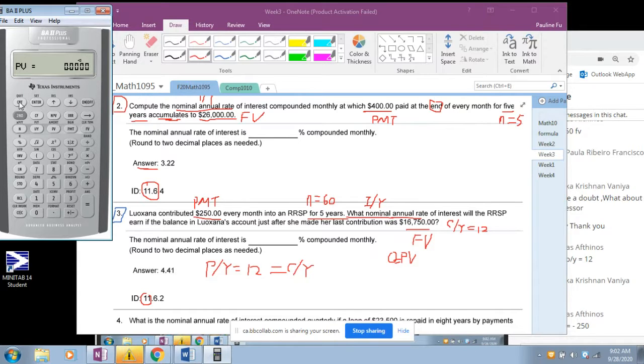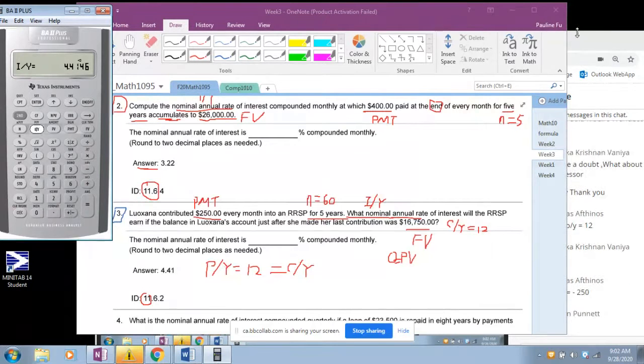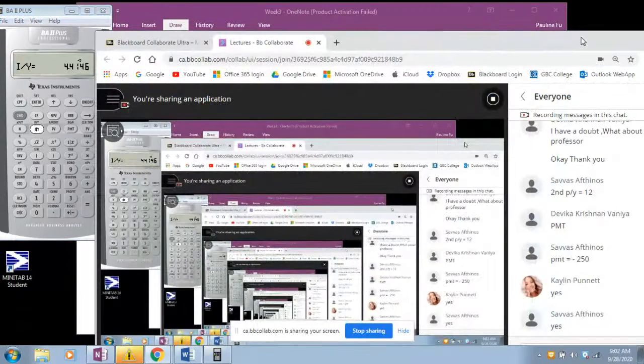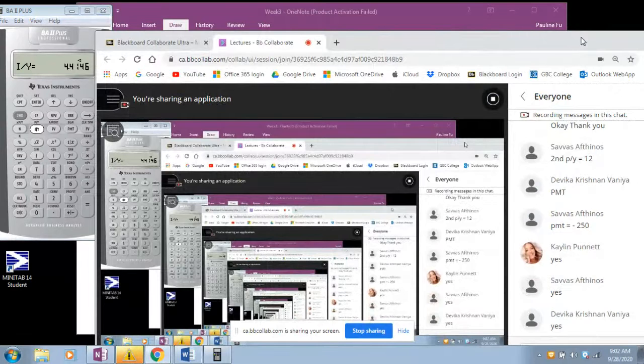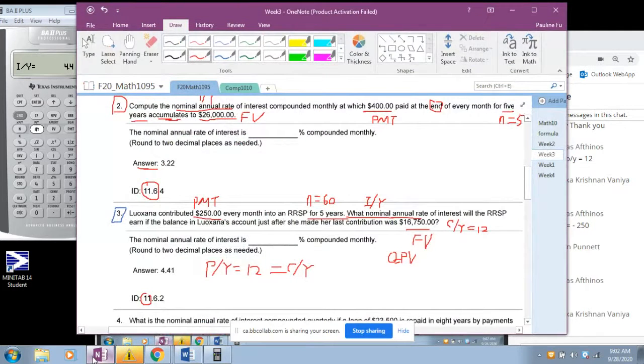Final step, compute IY. We got 4.41. Did everyone get 4.41? Say yes. Congratulations. Wow, you are amazing.